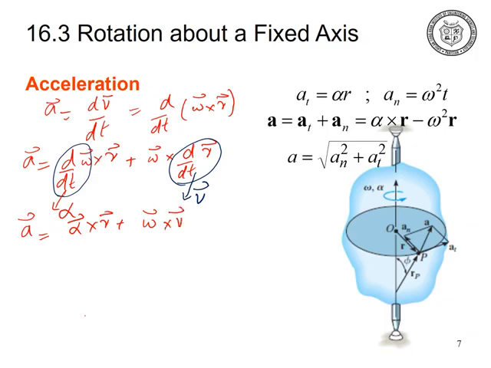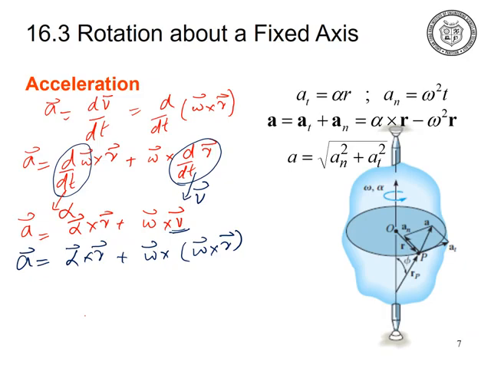Substituting v equals omega cross r, a becomes alpha cross r plus omega cross, omega cross r. So we get the triple product of vectors. This is the acceleration equation.